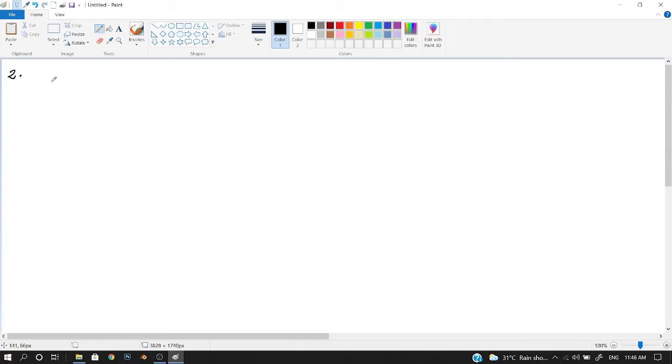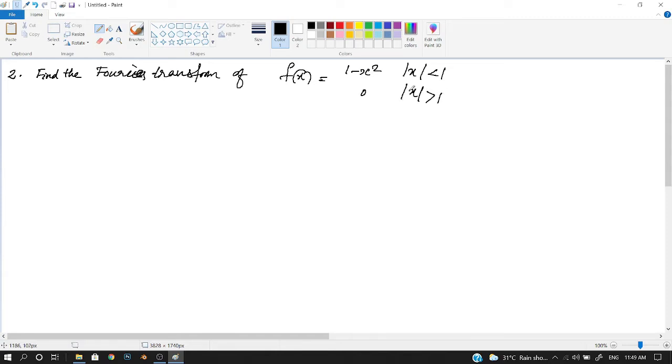Find the Fourier transform of f of x is equal to 1 minus x square for mod x less than 1, and 0 for mod x greater than 1.